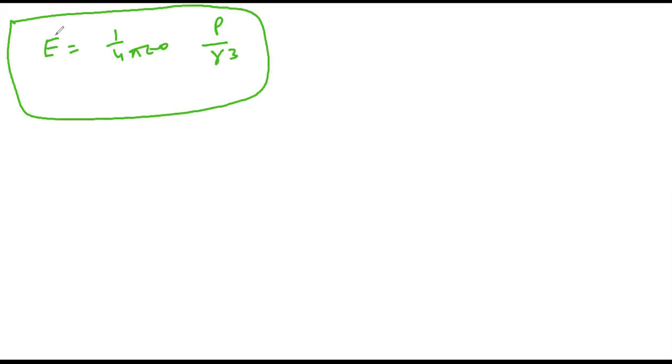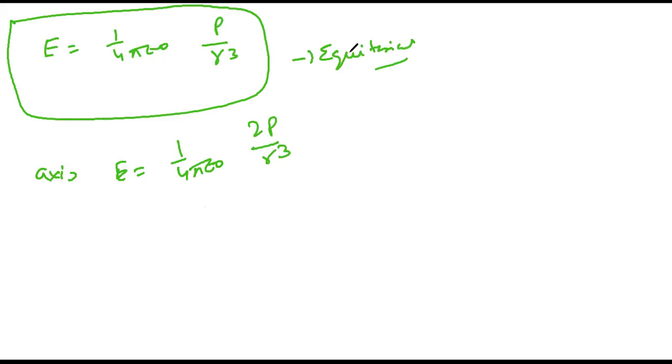Have you observed it? Yes. In axis one, what was there? E is equal to 1 by 4 pi epsilon naught 2P by r cube. And then this is equatorial. Equatorial will be half of axis. Done?